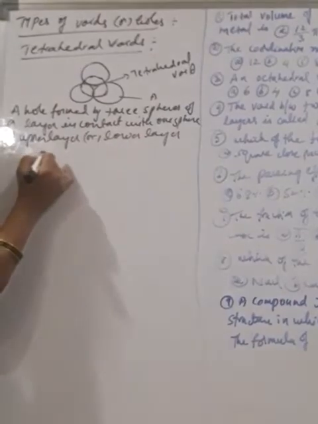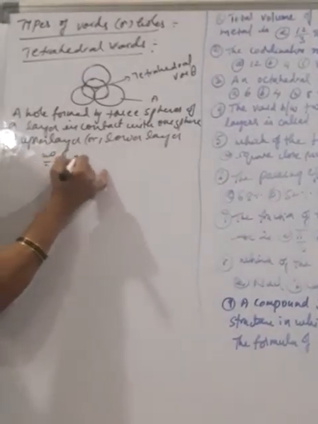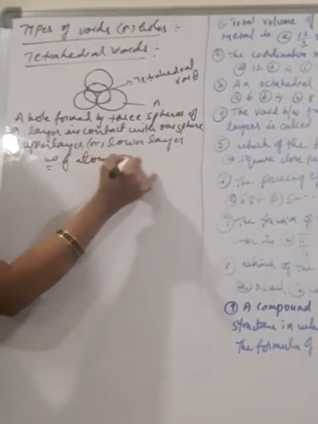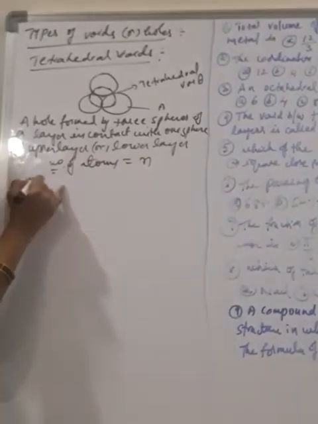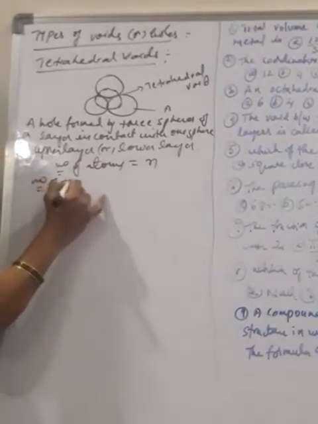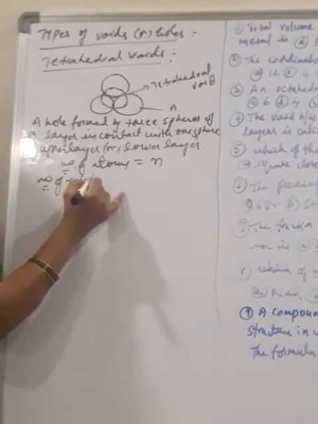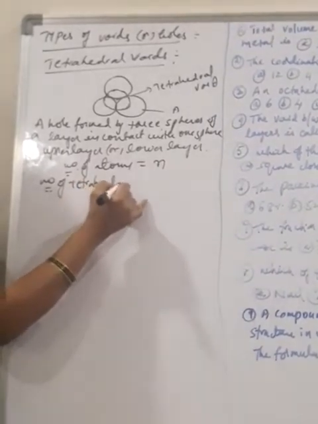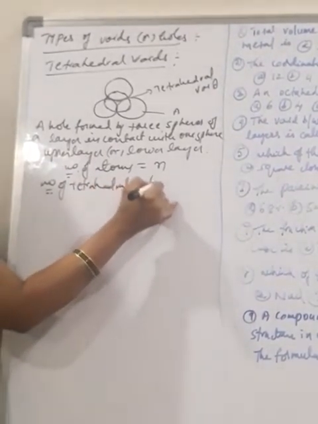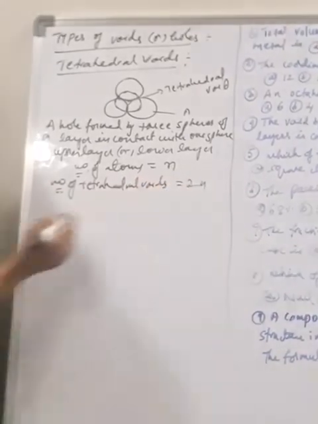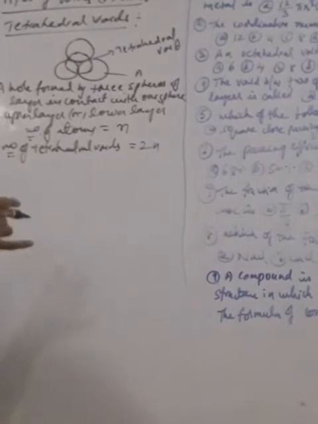So the number of atoms is equal to n, and the number of tetrahedral holes is equal to 2n, because the hole is formed with the upper layer or lower layer.